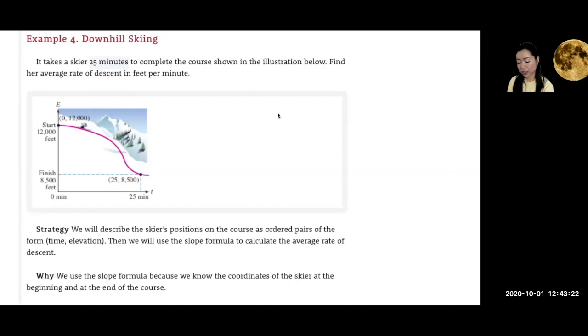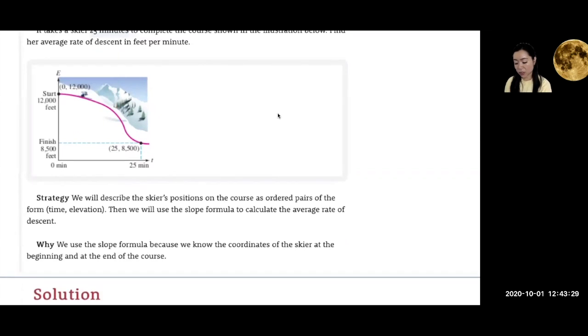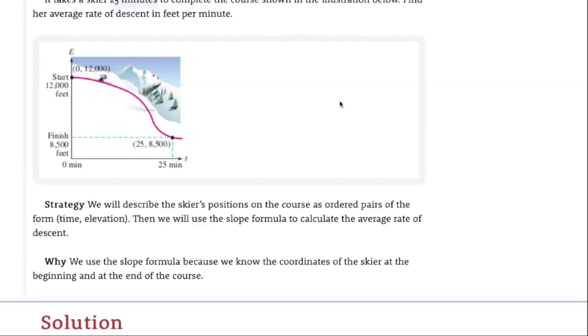So from here to here, what will be her average rate of descent? The strategy here is we'll describe the skier's positions on the course as ordered pairs. The first coordinate will be the time, the second coordinate will be the elevation. So the starting point has the first coordinate 0, 0 minutes when it started.